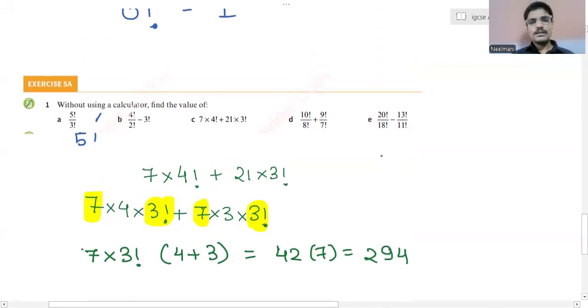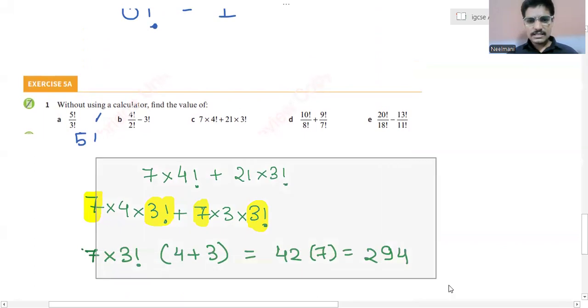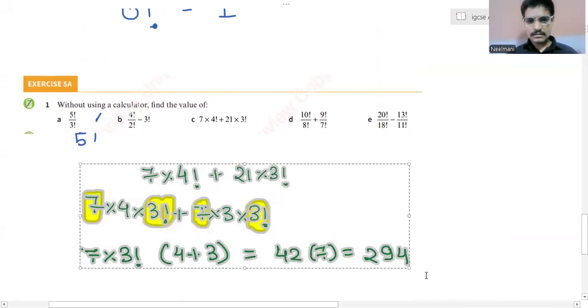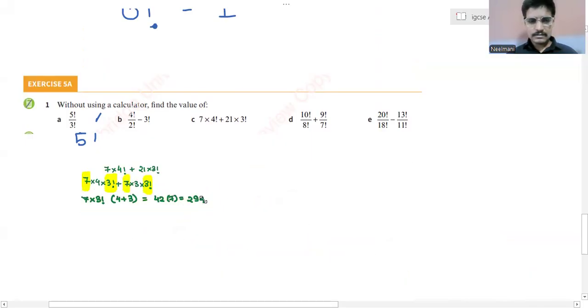Okay. Now, once we're done with this, let's go to part D. Coming to part D, it is as simple as this one.